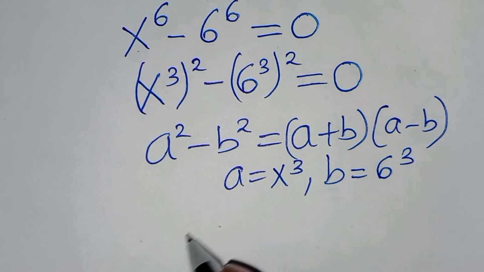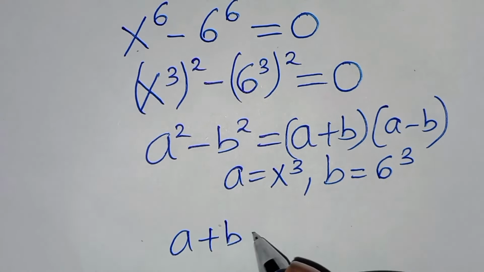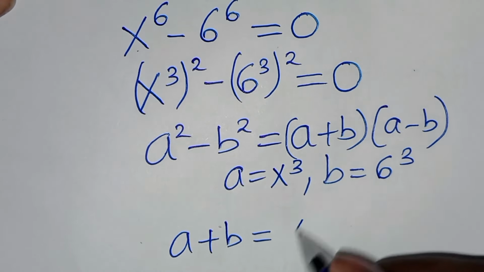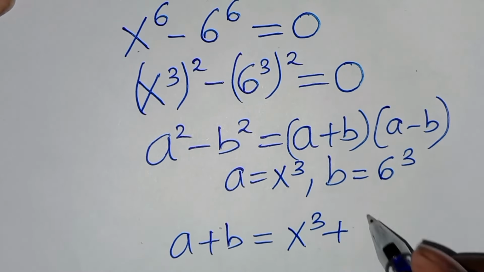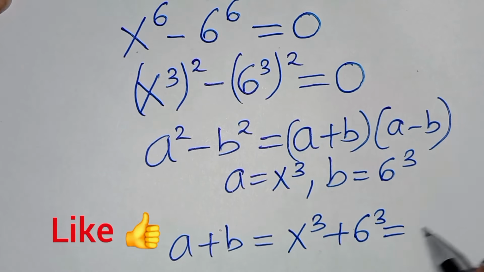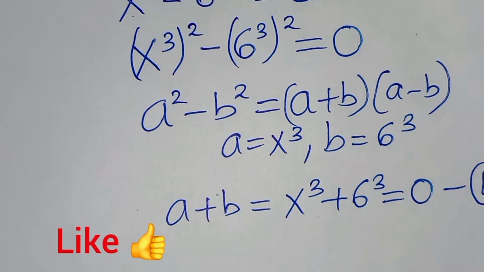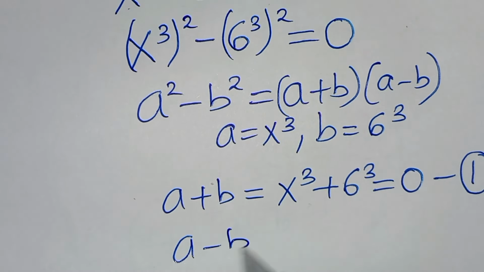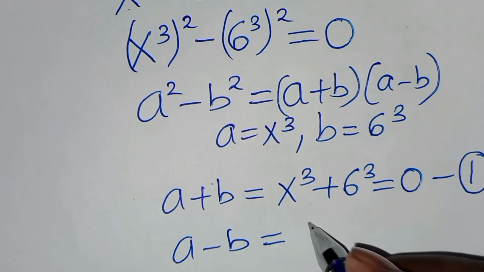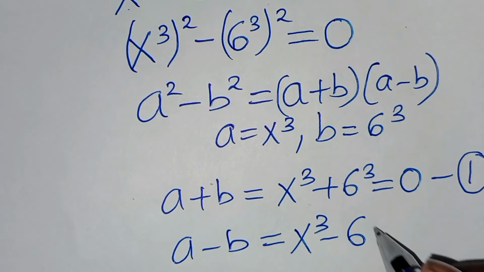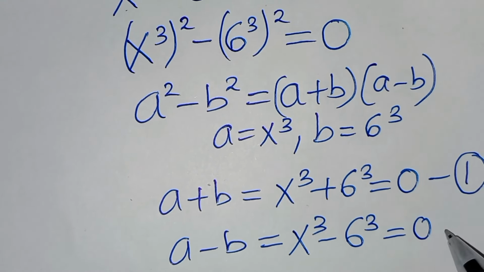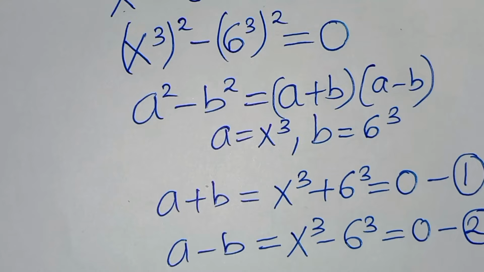So a plus b is x to power 3 plus 6 to power 3, equal to 0. Let's call this equation 1. And a minus b is x to power 3 minus 6 to power 3, equal to 0. Let's call this equation 2.